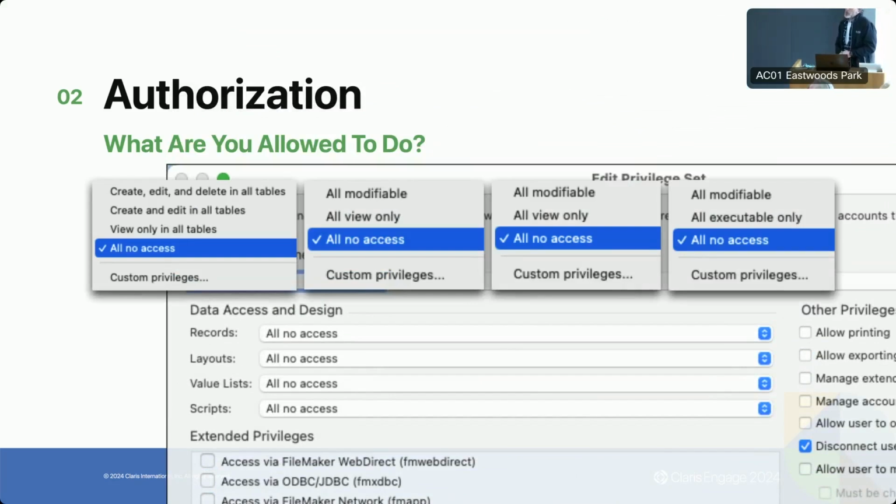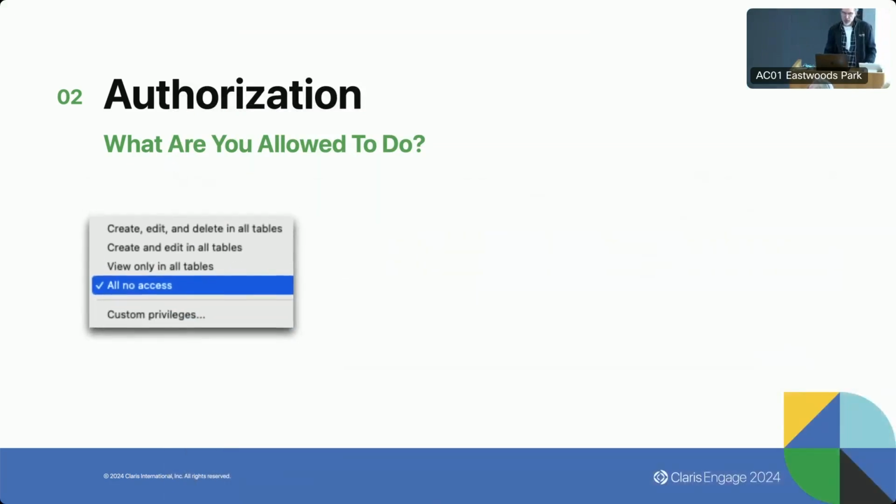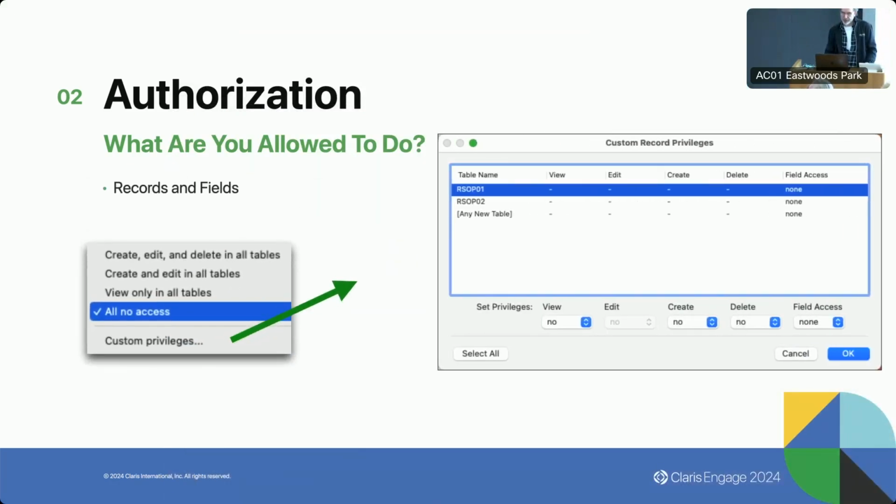When you go to change them, right? So these are the options side by side of these 4 things: records, layout, value list, and scripts. And the top level choices are really easy because they speak for themselves, right? It's really the real power is in the level of customization that you have when you want to assign granular rights and you pick the custom privileges, and that's where a lot of the power is.